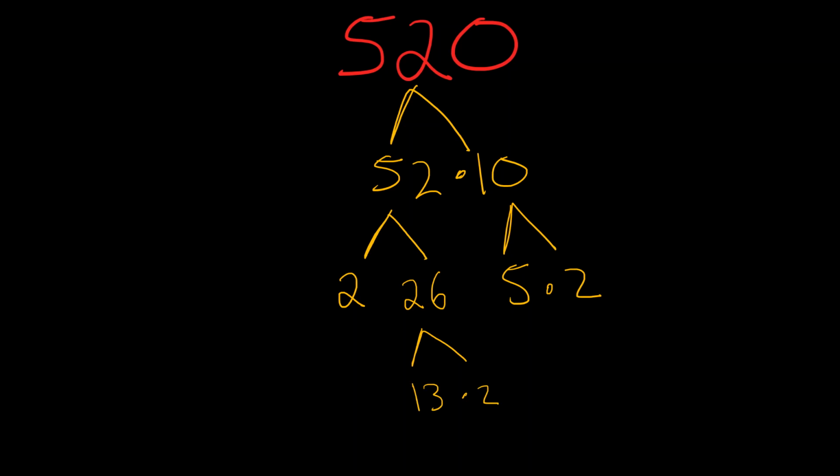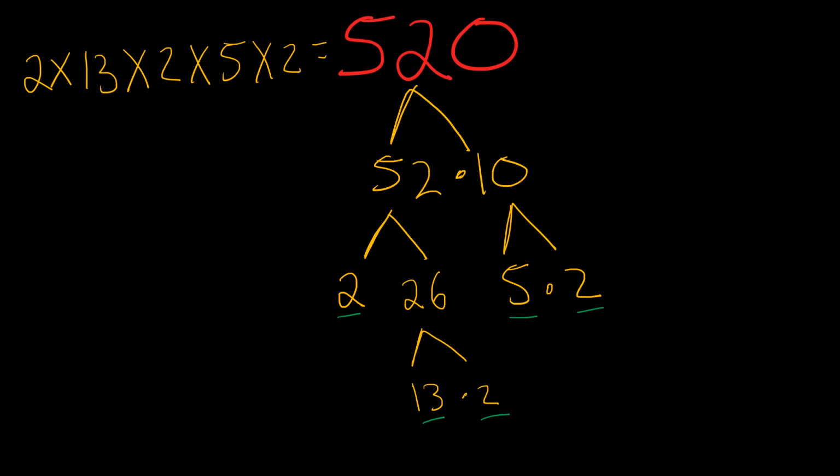Now we have to break 26 down further into 13 times 2. So to get the prime factorization of 520, we're going to take all of the prime numbers: 2, 13, 2, 5, and 2. Let's list that out. We've got 2 times 13 times 2 times 5 times 2, and that will give you 520.